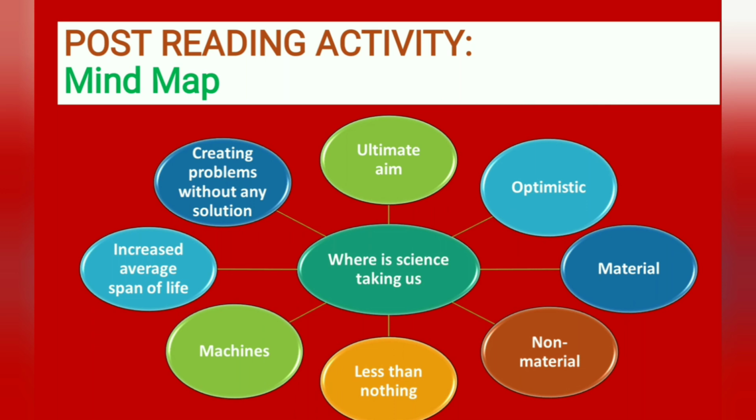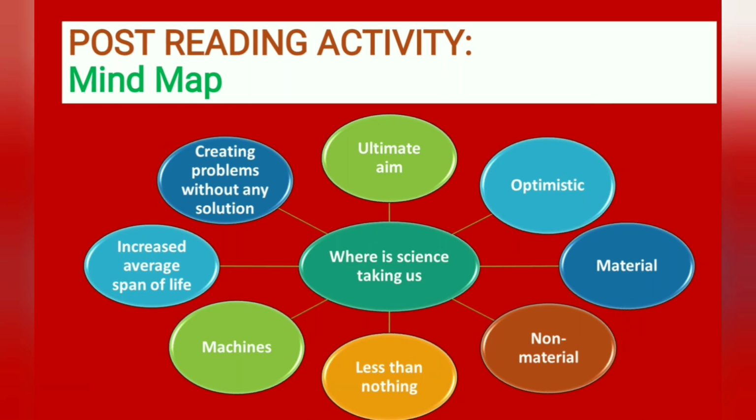Science has helped in increasing the average span of life, but it is creating problems without giving any solutions. Its aims are only material, while the ultimate aim of science should be to make human life worthwhile on this earth. The author is quite optimistic that life will become more interesting, intriguing, and exciting in future.